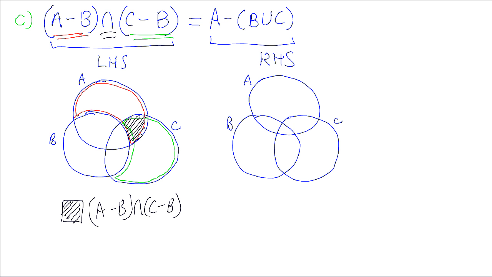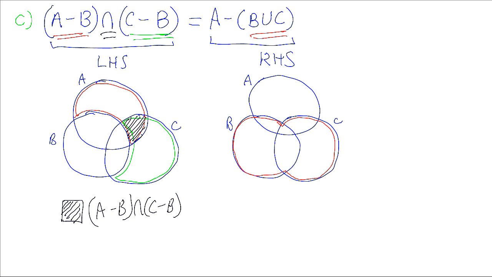Okay, now on the right hand side, let's start with red again, and we'll do B union C next. B union C is everything that's in either B or C. And now I want to take A minus that. And so A minus that is going to be in this one.